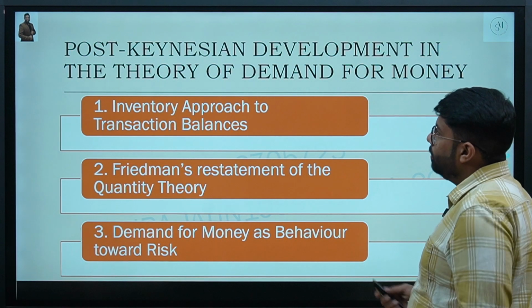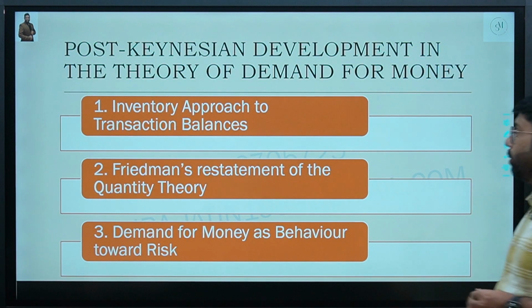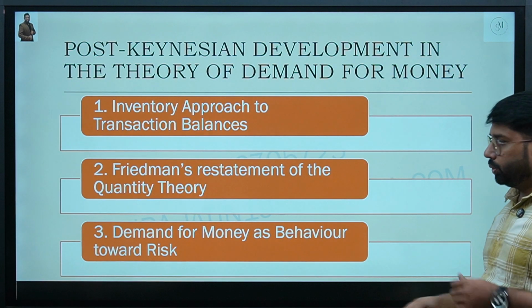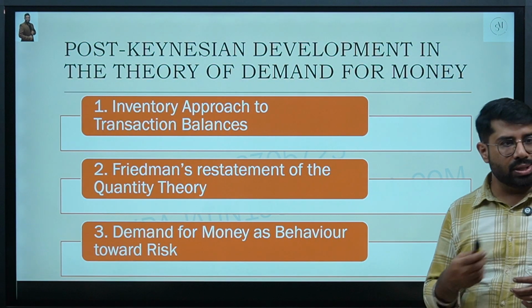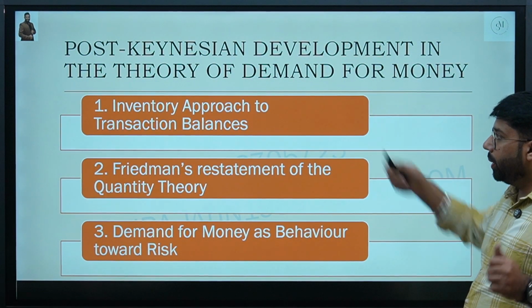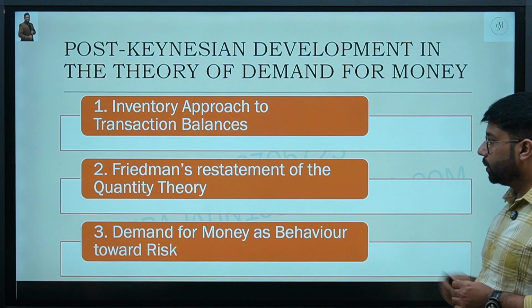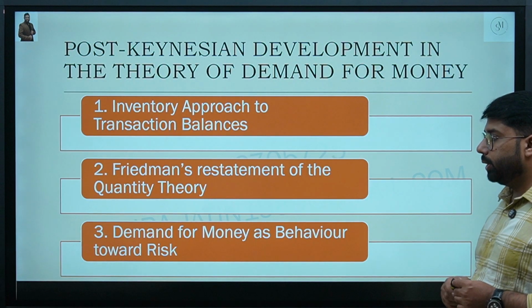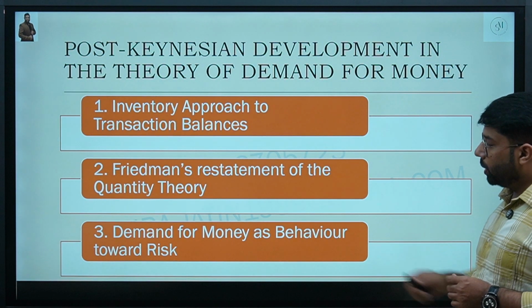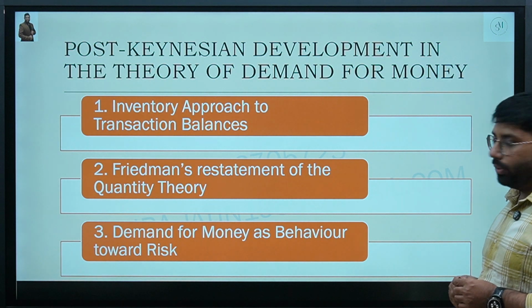So guys, this is the post-Keynesian development in the theory of demand for money, where these are the three approaches which were developed after Keynes's theory. First is the inventory approach to transaction balances. Second is Friedman's restatement of the quantity theory. The third is demand for money as behavior towards risk.